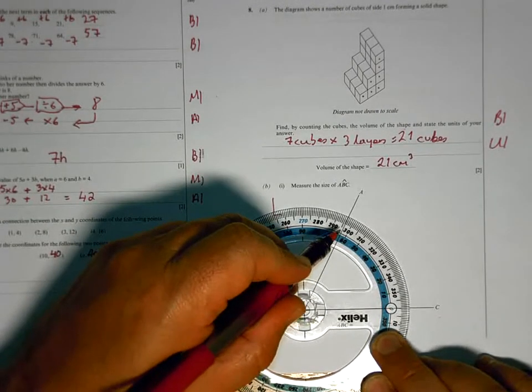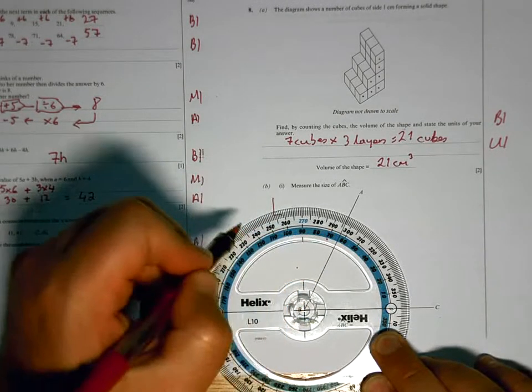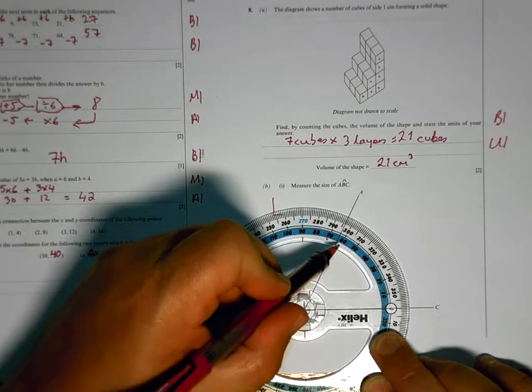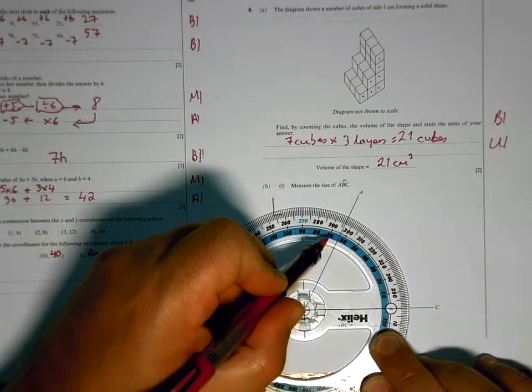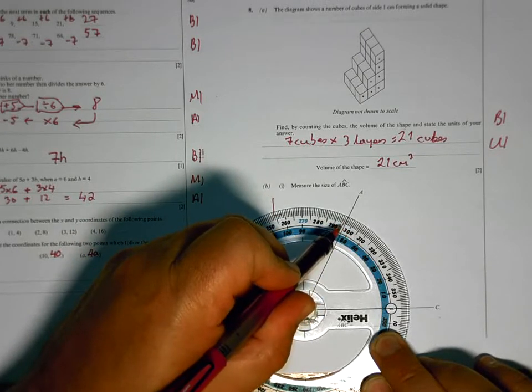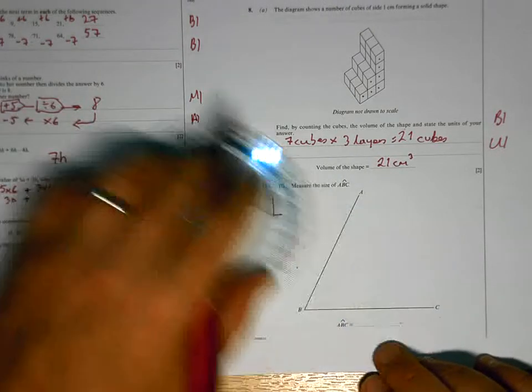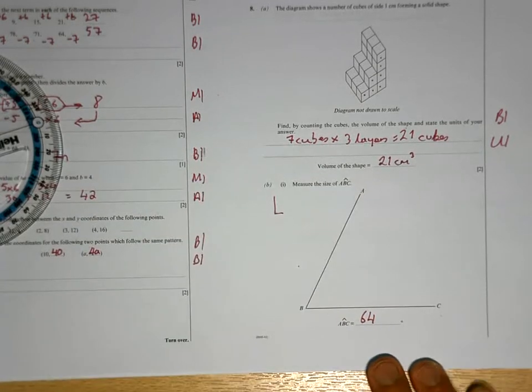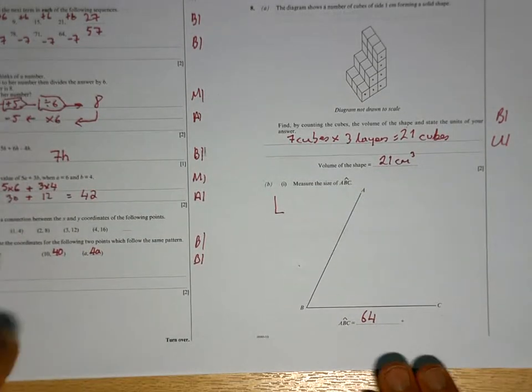Well, I know it's not 290 because I've spotted it's less than 90. So common sense is telling me is 60 something. So 60 is there. 65 is the long one there. You can see it's 64 degrees. So that is that.